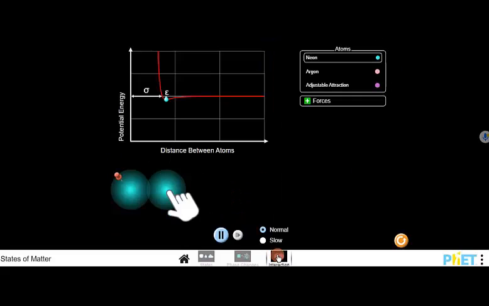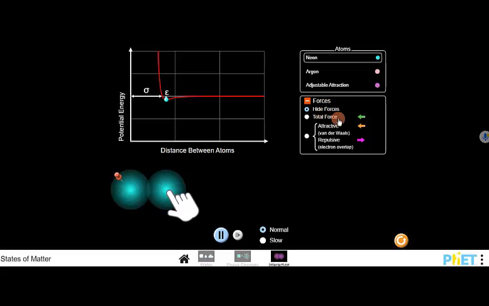Alright, now further, if you want to see the attractions between two atoms, the different types of energy and the force of attraction that we have already talked about: the force of attraction, Van der Waals force, repulsive electron overlap, some forces exist between the atoms. This is what we are going to look at on the graph.